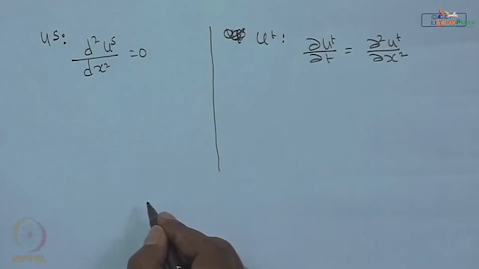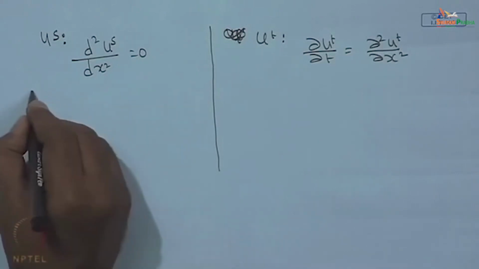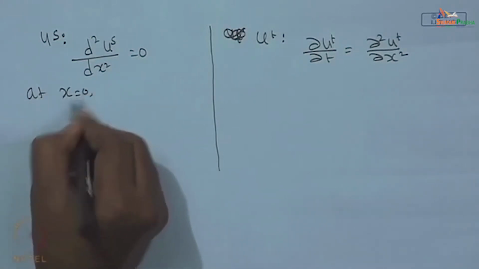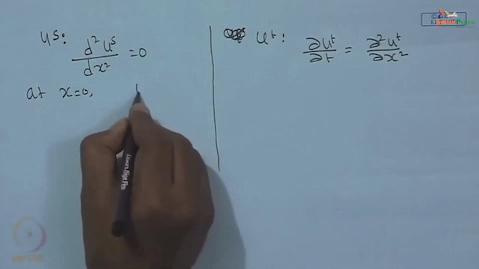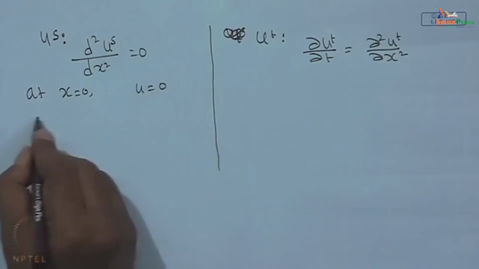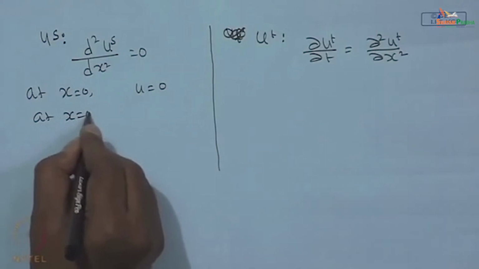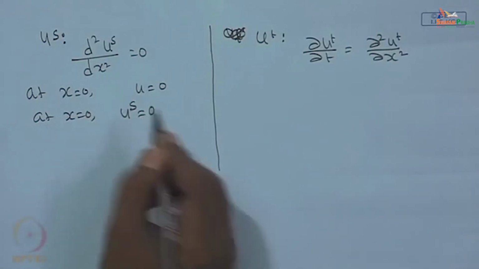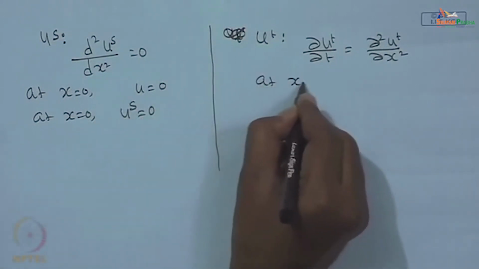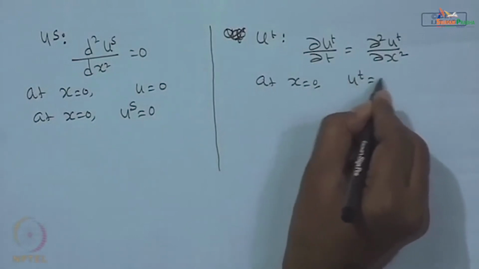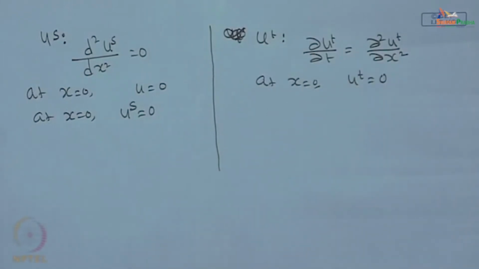Now, we set the boundary conditions of u s and u t. At x is equal to 0, the boundary condition of the mother problem was u is equal to 0. Therefore, at x equal to 0, u s is equal to 0 and u t is equal to 0, both are equal to 0.